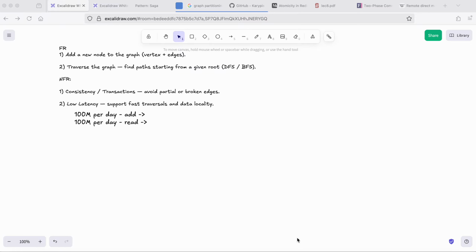So let's take a look at our functional requirements. They are about adding a new node to the graph. That means that we should add it for some parent and build the relationship between them. Also, we should try to find some node in the graph. That's also an interesting idea, and how we may do that.